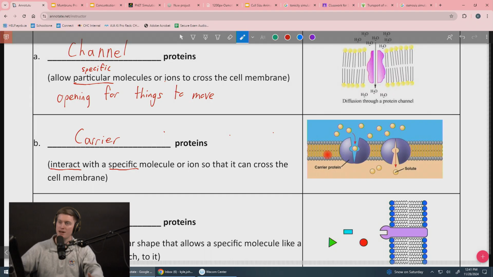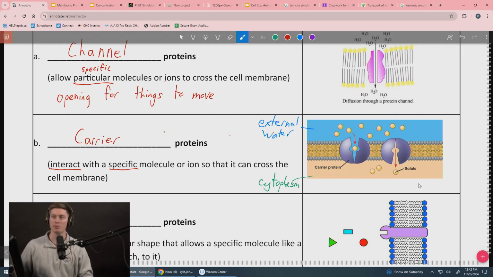In this particular diagram, we'll just say that the outside here is the external water. And the inside here is our cytoplasm. And so we have this carrier protein that very helpfully will move whatever this solute is. We're going to say it's something that we want, maybe sodium ions, across into the cell.